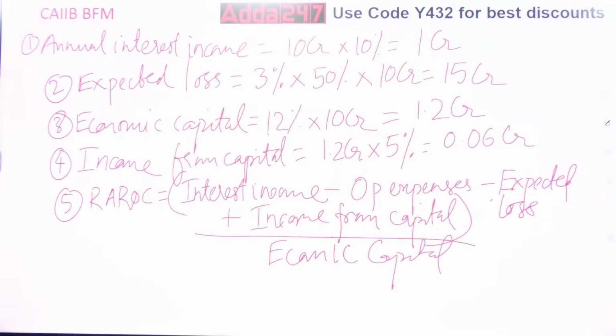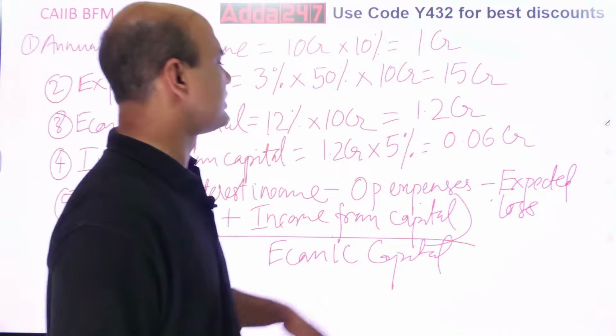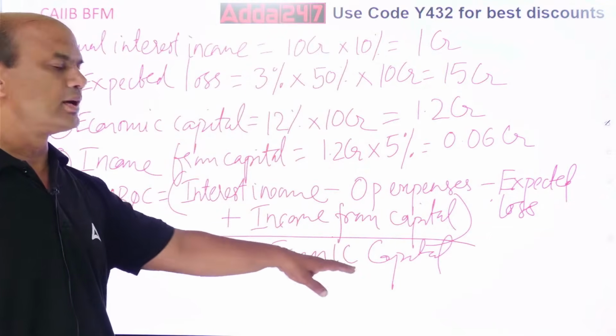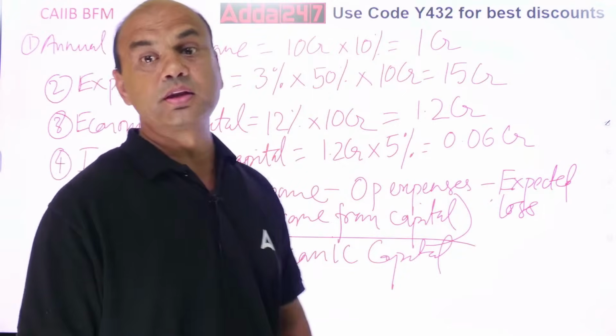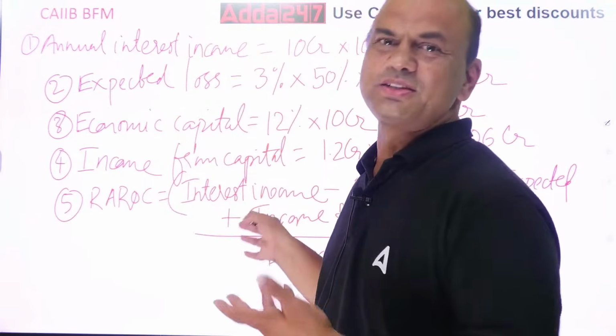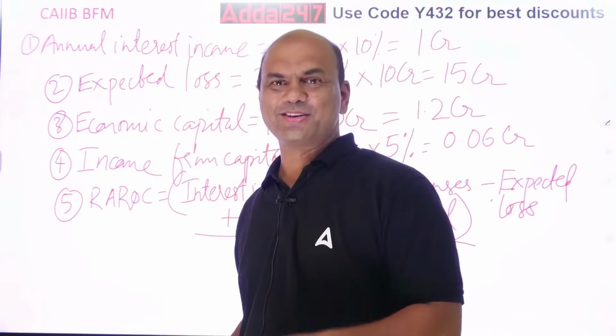The formula I have given: interest income minus operating expenses minus expected loss plus income from capital, the whole upon economic capital. I'll give you 2 minutes to solve. What answer are you getting? Let's do it jointly.